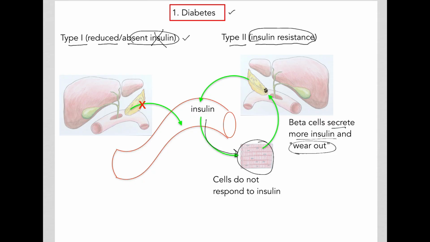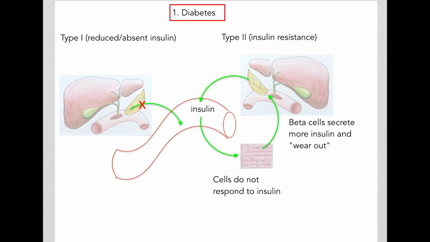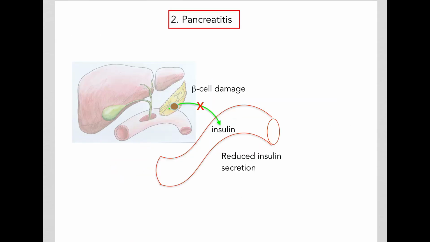Okay, so type 1 and type 2 diabetes are a very common cause for hyperglycemia, high blood glucose. And this is where the fasting blood glucose test is most commonly used for the diagnosis and monitoring of either type 1 diabetes or type 2 diabetes. Let's look at a few other causes of hyperglycemia.